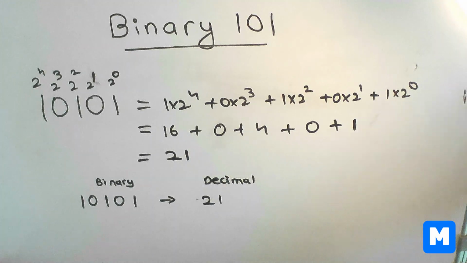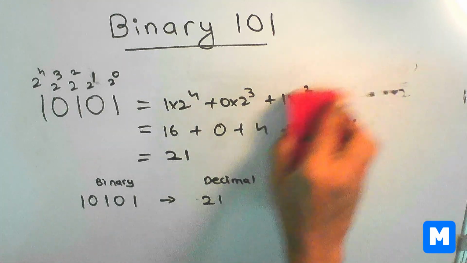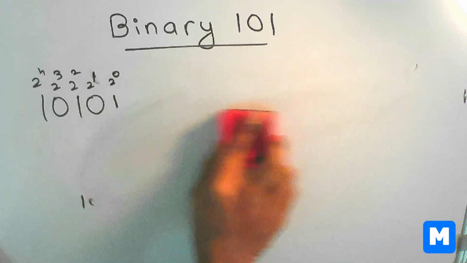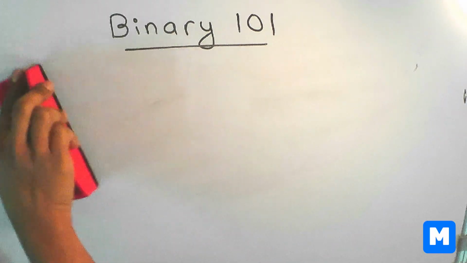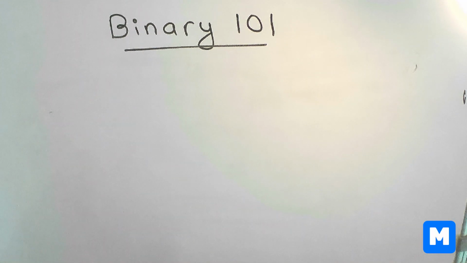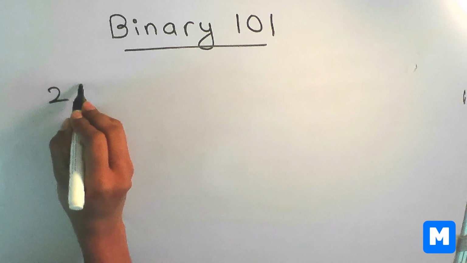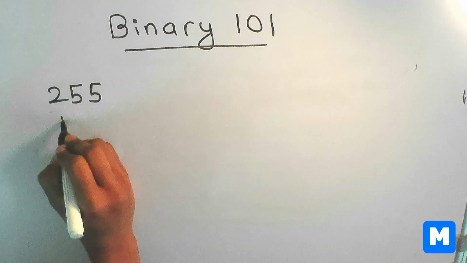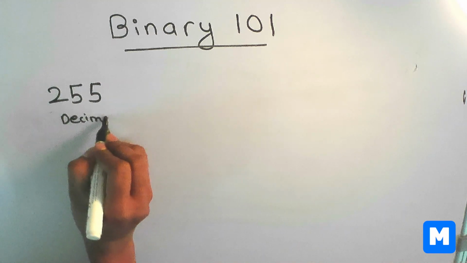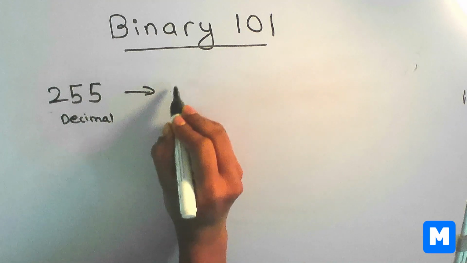Now let's do the reverse. Let's convert a decimal number into a binary number. Suppose we have a number, say 255. It's in the decimal system and we want to convert it to binary.